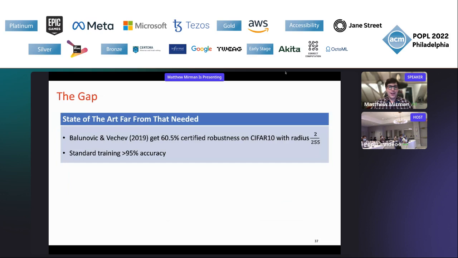Whereas standard training gives greater than 95% accuracy for CIFAR-10. And this is a hard hit to stomach if you're using neural networks industrially. A 30% decrease in accuracy is quite meaningful.